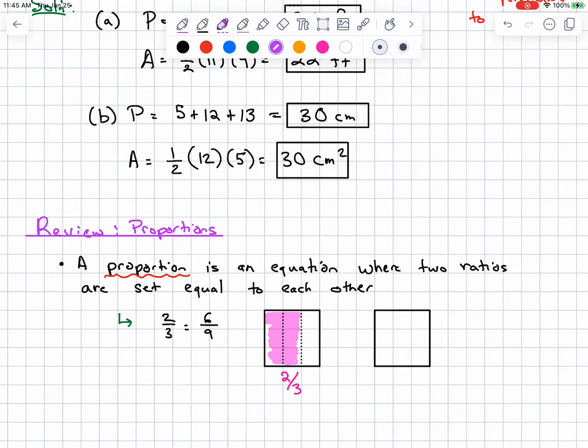And then on the flip side, I could split it up into 9 equal pieces, and I could highlight 6 of them. That's 6/9. They're the exact same fraction, just written differently.